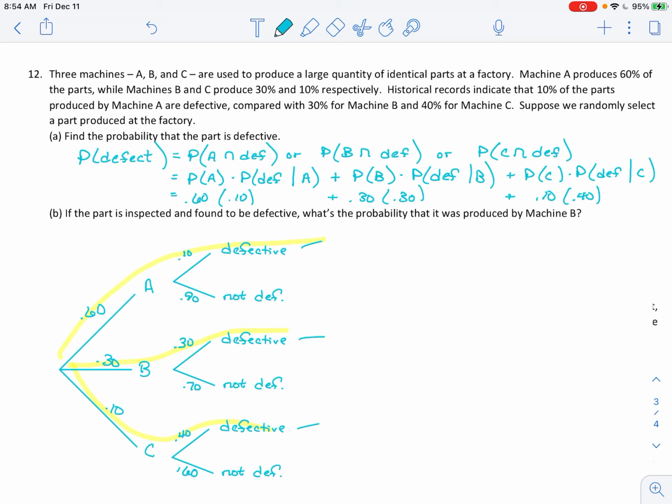So I'm going to sum those products, 0.6 times 0.1 plus 0.3 times 0.3 plus 0.1 times 0.4. You should get 0.19 for the probability of getting a part that's defective.